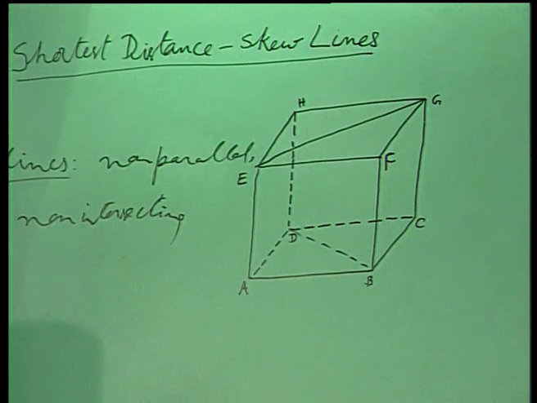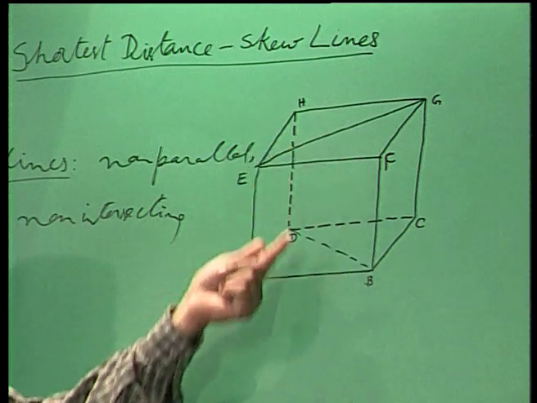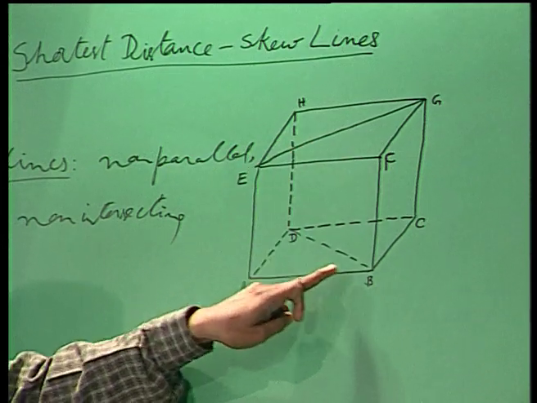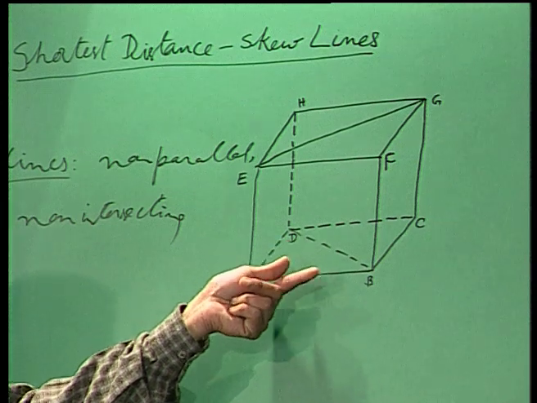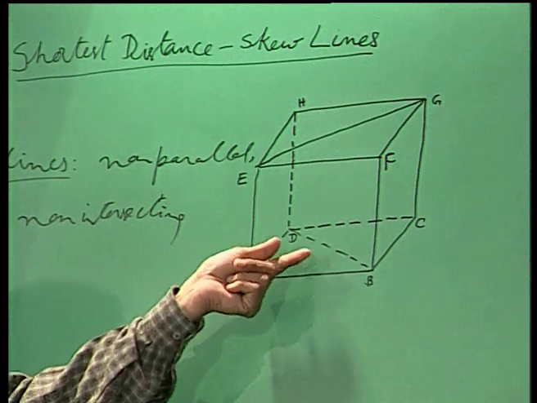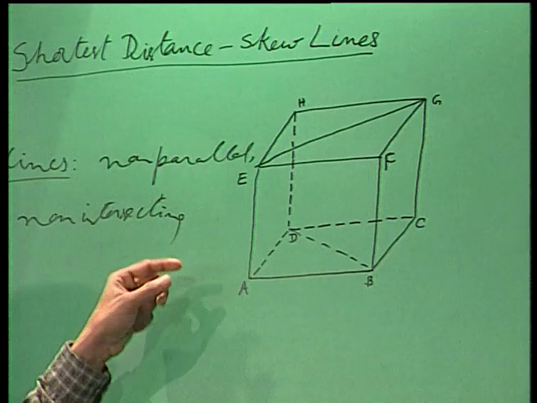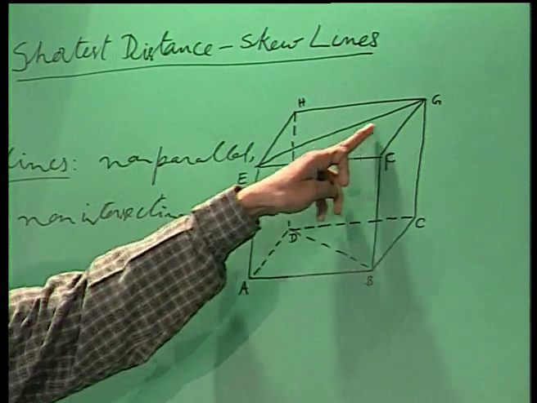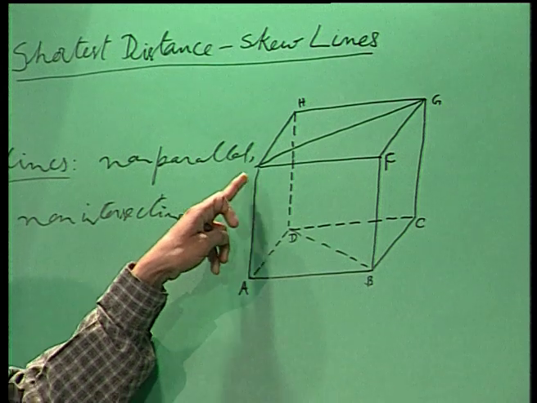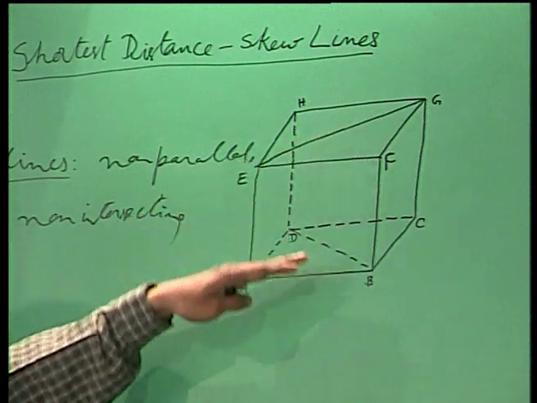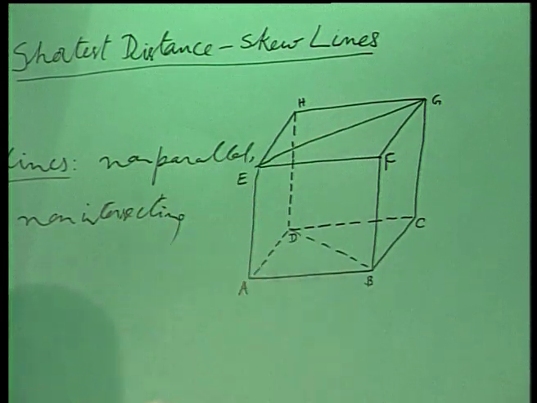When we take the diagonals, we mean the lines passing through these two vertices D, B. So, I am calling it the line D, B. Similarly, when we take the diagonal E, G and consider the line passing through the vertices E and G, these two lines E, G and D, B are non-parallel and non-intersecting.